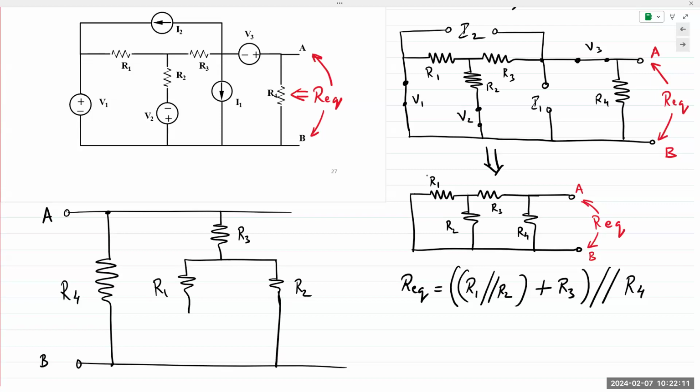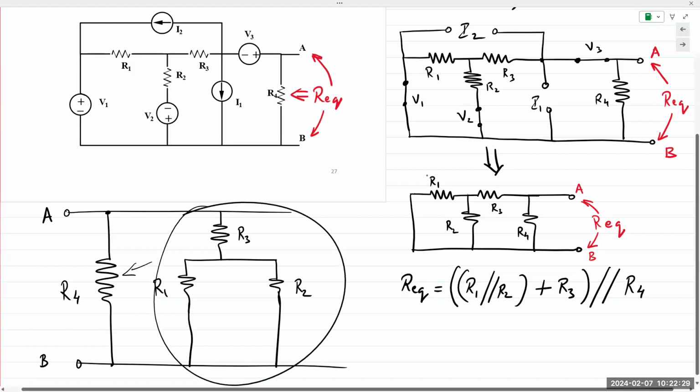And the other end of R1 is also connected to B. So touch down there. And then this circuit on the left clearly shows that R1 is in parallel with R2, which is in series with R3. And that entire branch is in parallel with R4. All right, let's take a 10-second pause. Let me know if you have any questions.